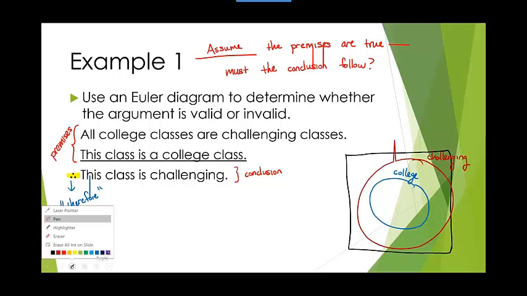And then the second sentence says, this class is a college class. So our class is inside college. And we want to know, can we conclude that this class must be challenging? And the answer is yes, because the way we've drawn the picture, C is inside the, quote, challenging circle.